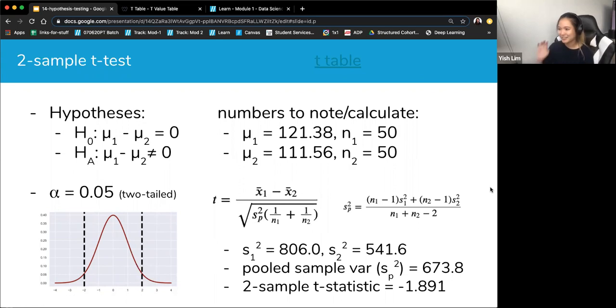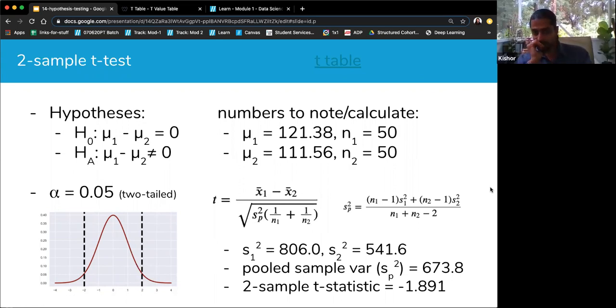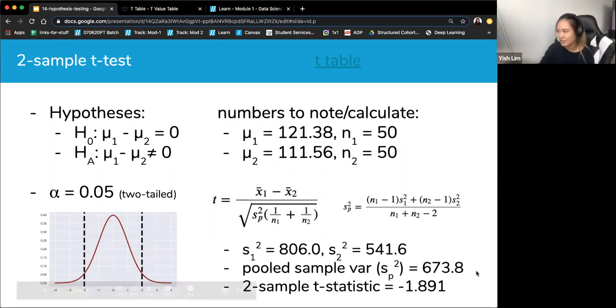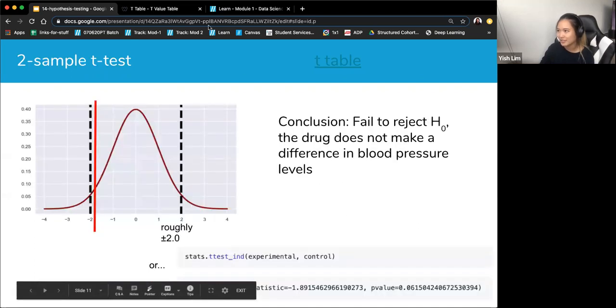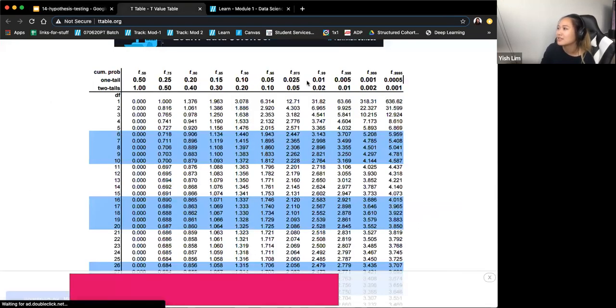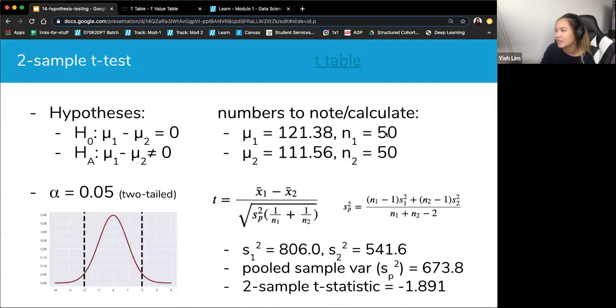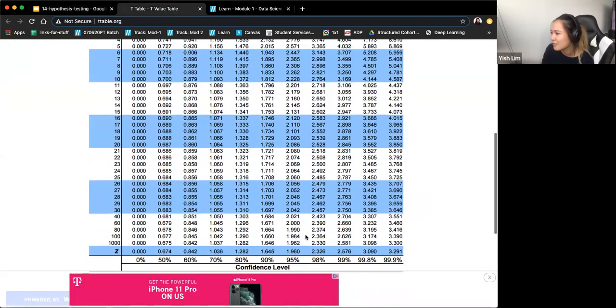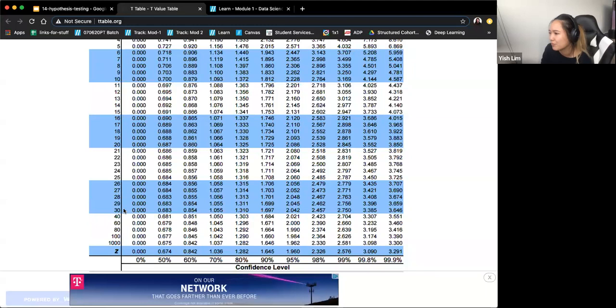All right, so our T-statistic is negative 1.891. I think our critical T values in this case are, actually, let's look it up. For a 0.05 two-tailed test, let's look at 2 tails, 0.05, and our degrees of freedom. Here, our samples are 50 and 50, and there's no 50 here.